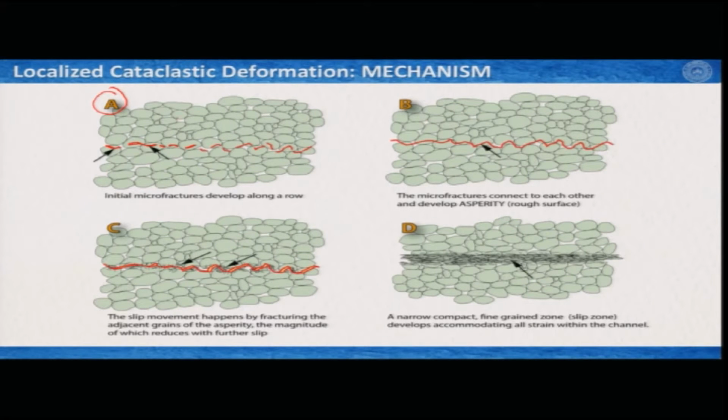You can think maybe deformation is going on this way, and now these little red lines can connect to each other as I was talking about, and they can produce a continuous fracture.